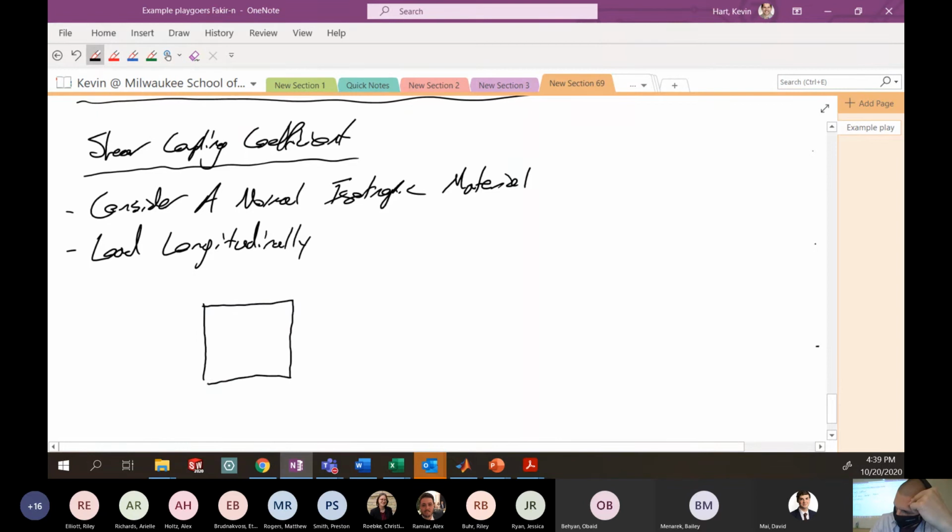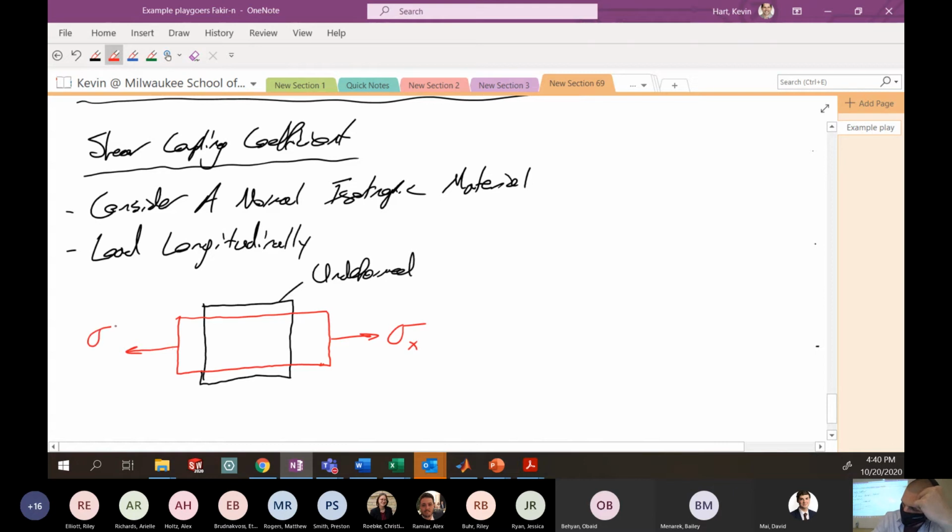Here's your undeformed configuration, and then when we pull on it, it looks something like this, pulling on it longitudinally with some sigma x, where we have our traditional coordinate system.